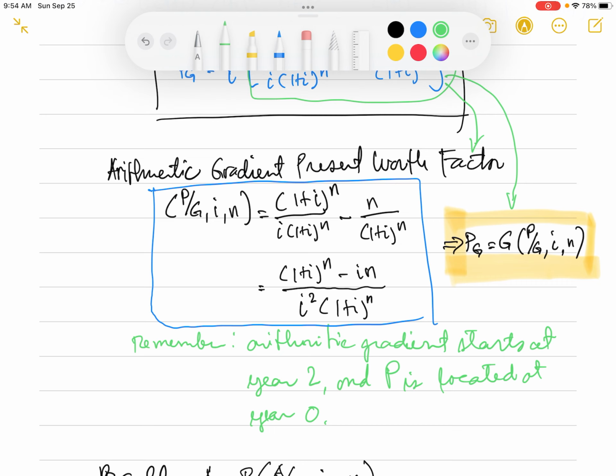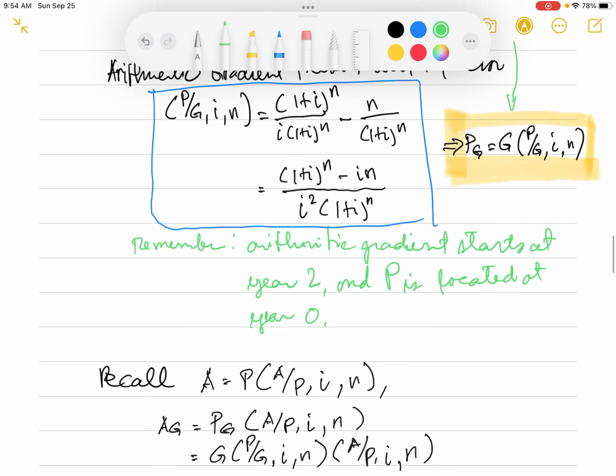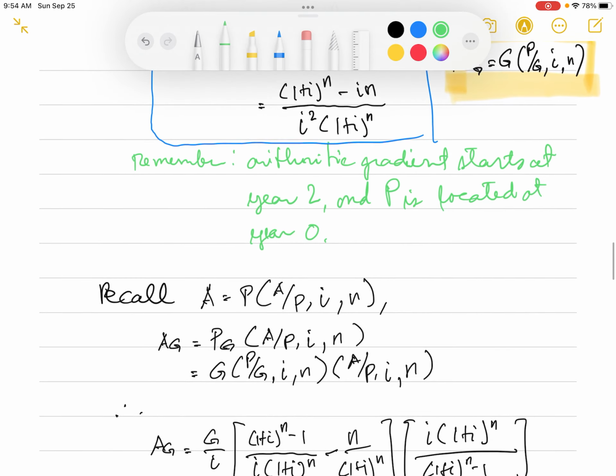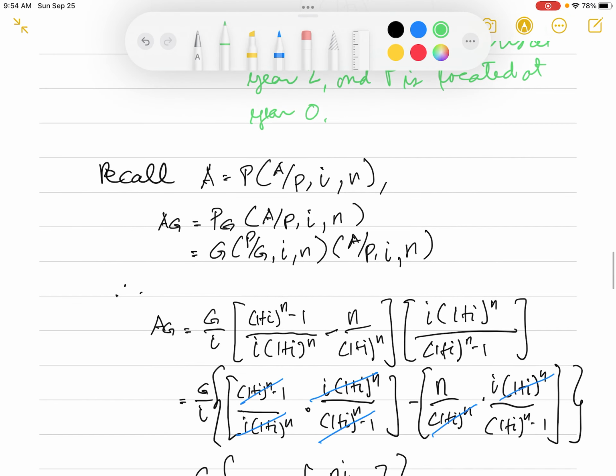Now remember that the arithmetic gradient starts at year 2, as we mentioned earlier, and P is located at year 0. So again, we recall from our previous formulas that to compute the annual worth given a present worth amount, this is the formula that you will use.